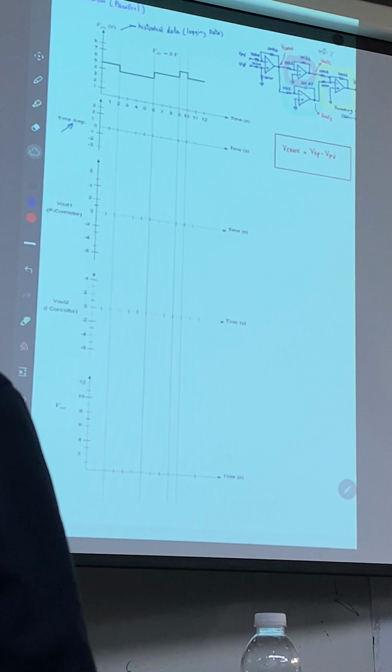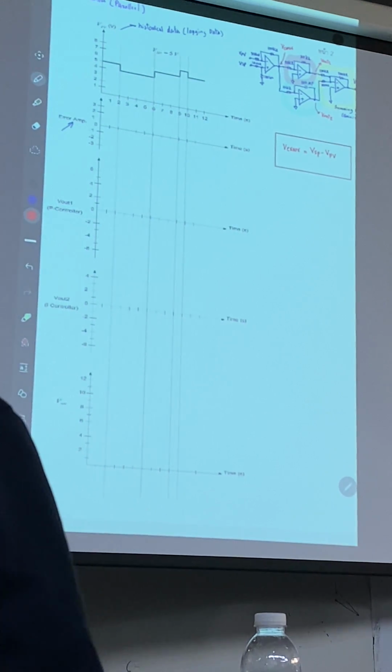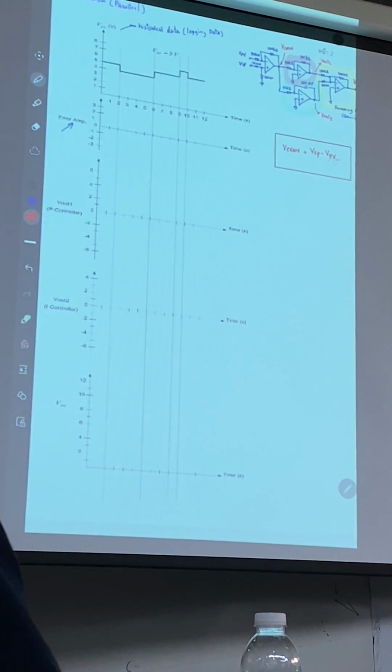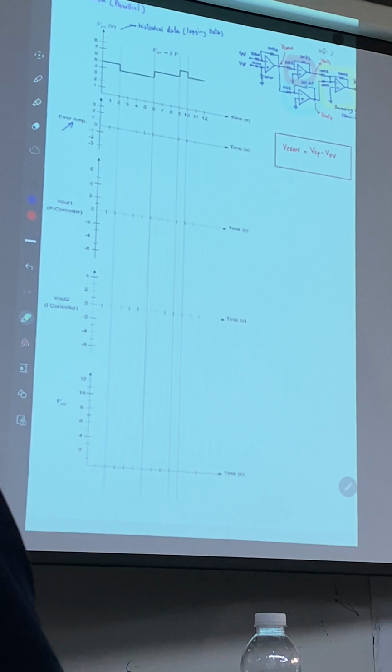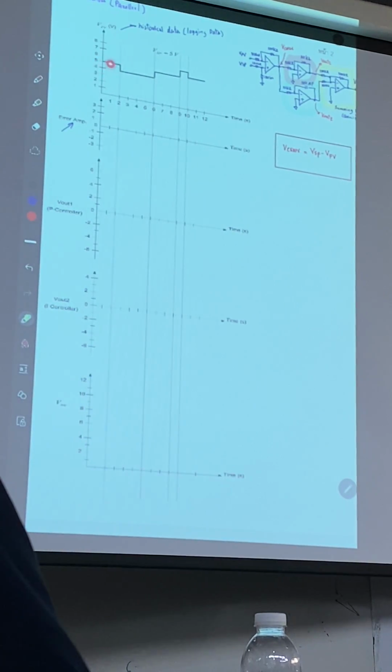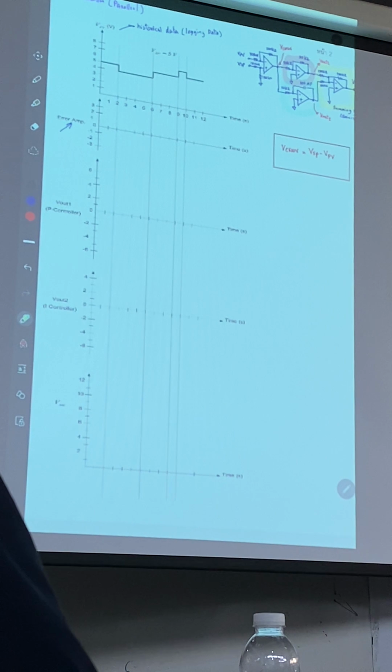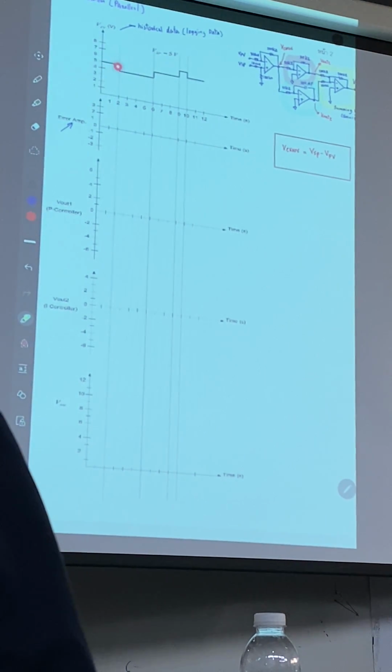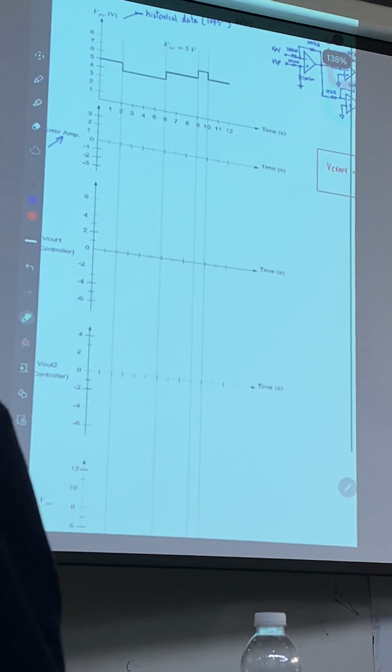First we start with the error. Error is equal to set point minus PV. So let's see the first interval here, between 0 and the second interval time. What is this?